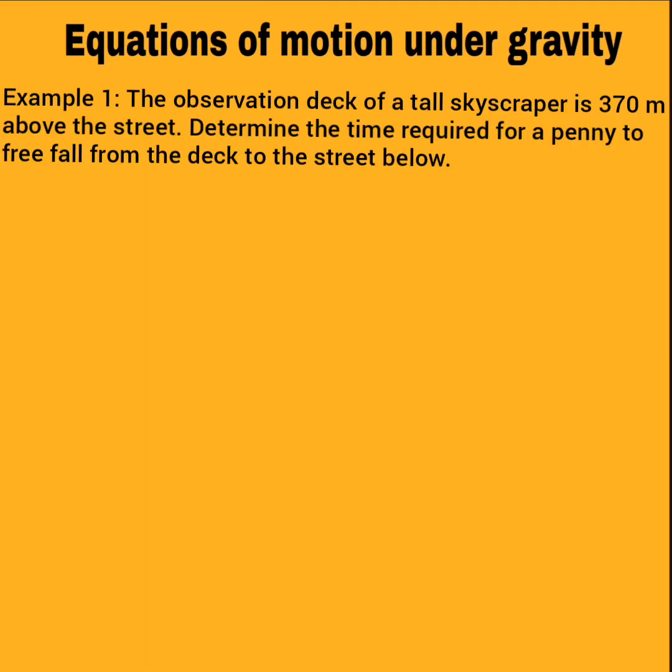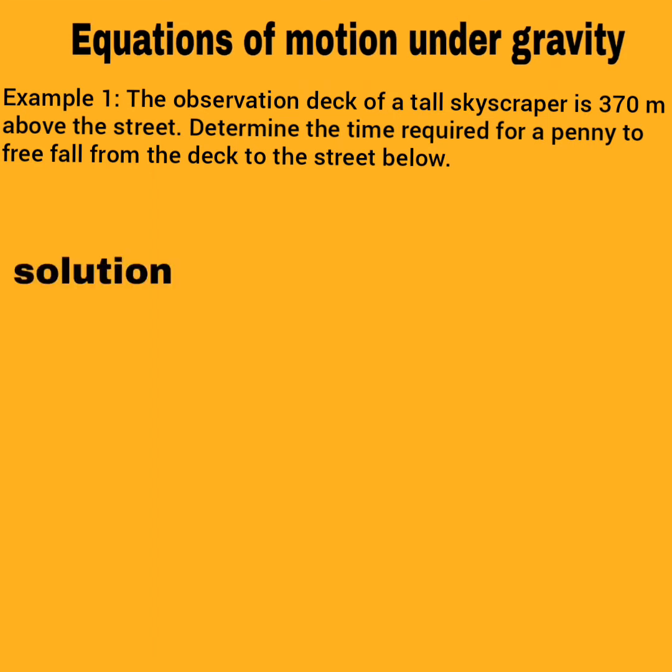Example: the observation deck of a tall skyscraper is 370 meters above the street. Determine the time required for a penny to free fall from the deck to the street below. Let's solve this example.